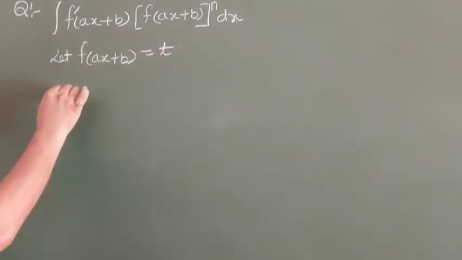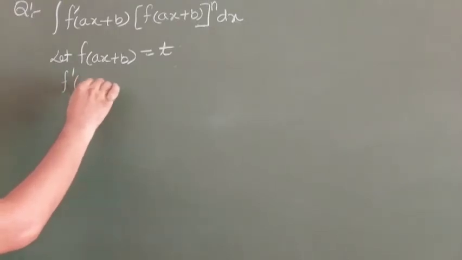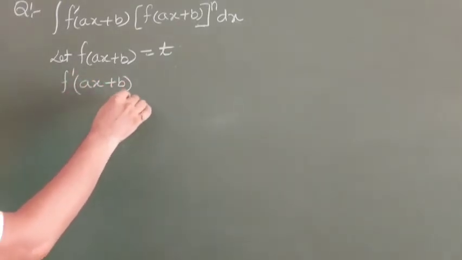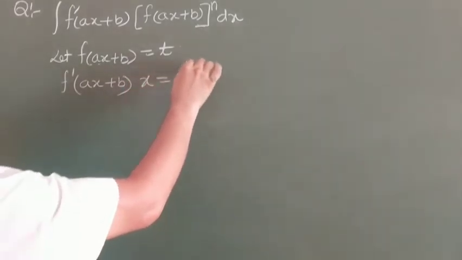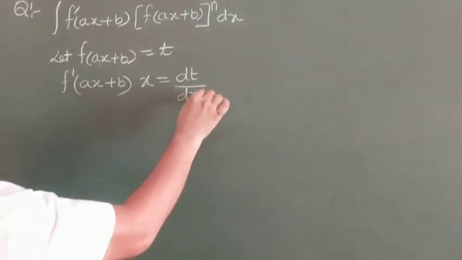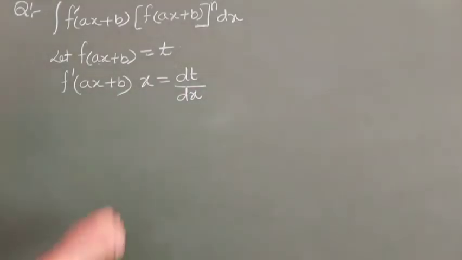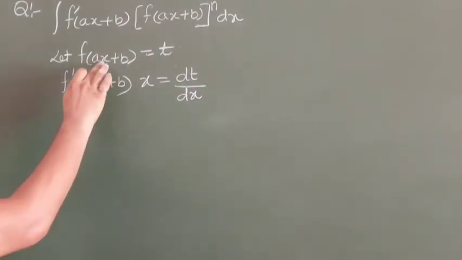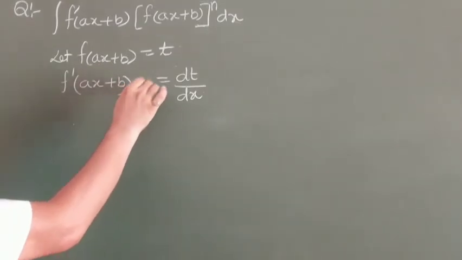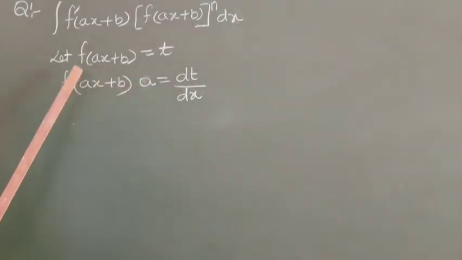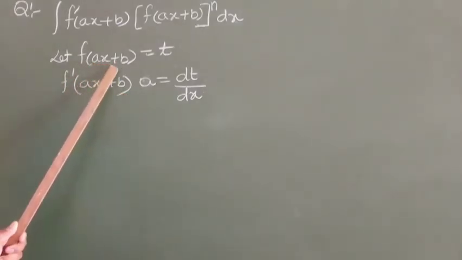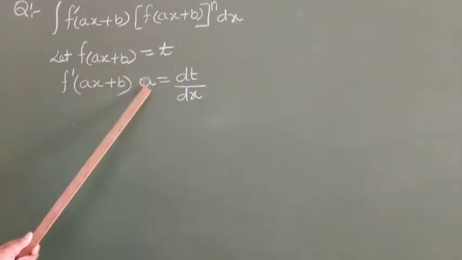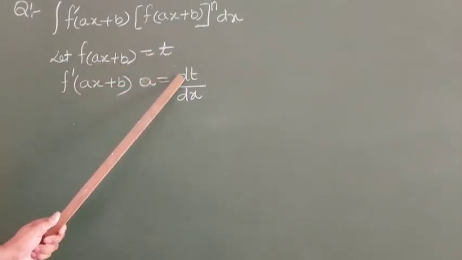So its derivative: f dash ax plus b, and ax plus b derivative a, not x, equals dt upon dx.